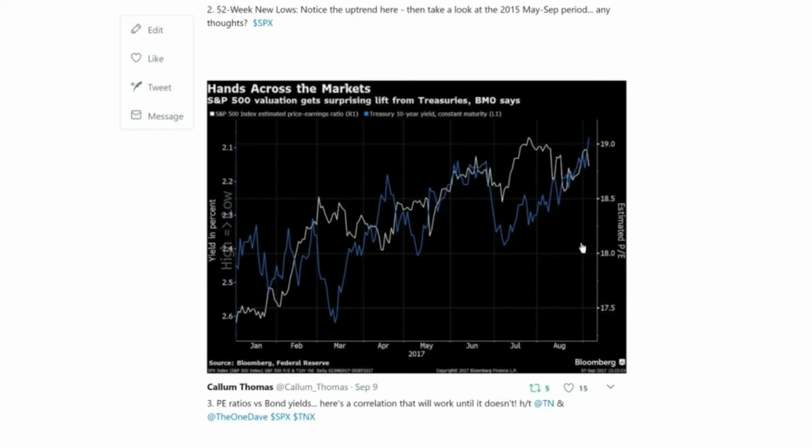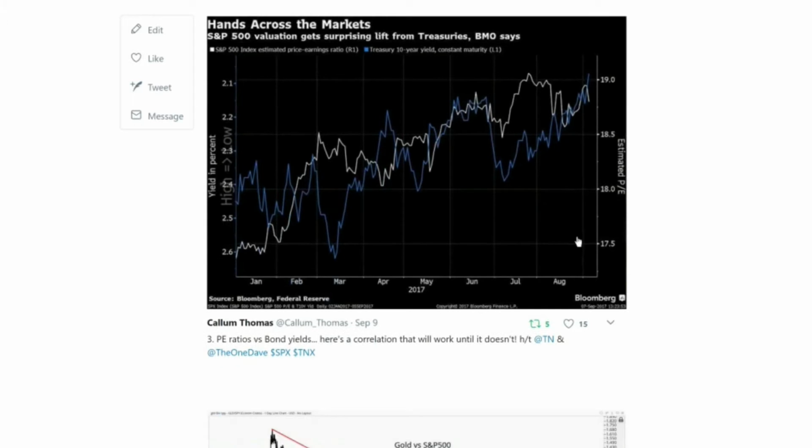There's a bit of logic to that, in that the 10-year bond yield feeds into your discount rate, so your valuation should be going up, all else equal. But I've noted in the actual tweet that this is a correlation that's going to work until it doesn't, which is a bit of a tautology.